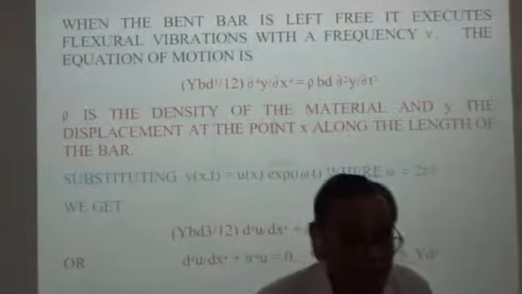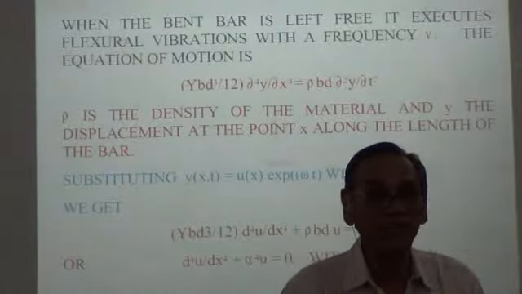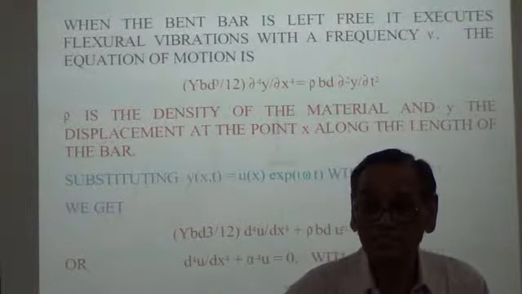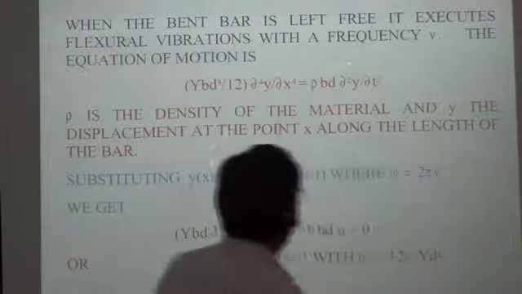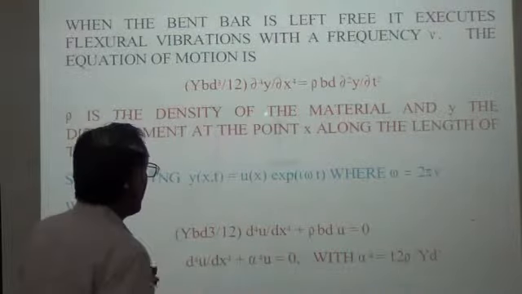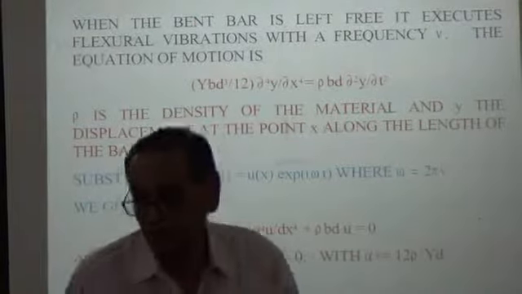So this term, d square y by dt square, will have dimension length by time square. dy by dt is length by time. d square y by dt square is length by time square. Displacement by time square. And this term is displacement divided by length power 4.